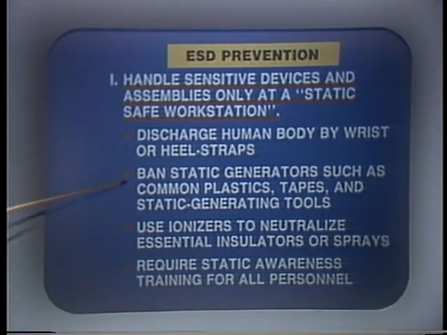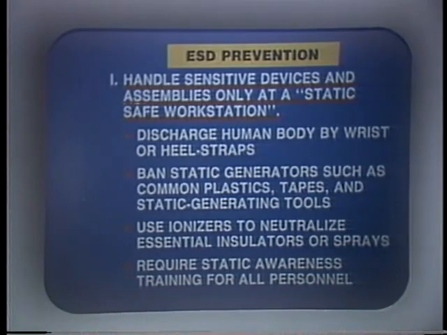Secondly, to eliminate these high static generators, such as the common plastics and the static generating tools. In places where those cannot be eliminated, an ionizer can be used to reduce static charging. And finally, but perhaps most important of all, to make sure that all personnel are static aware and trained in the proper methods of static prevention.